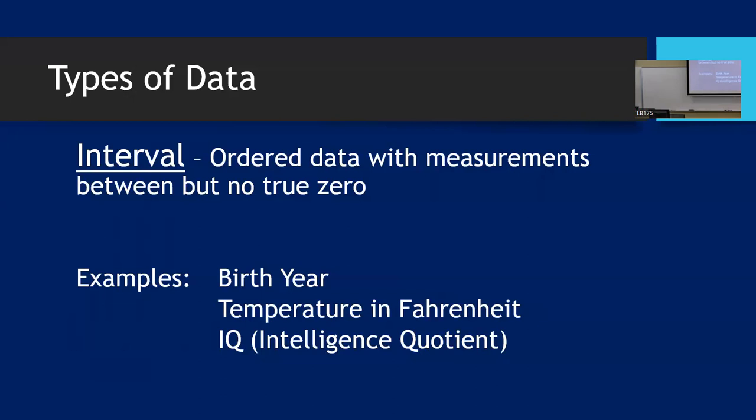So that's when he was most famous, in the 50 BCs, but he was obviously born before then. So birth year would be a good example. All right. Think of comparing my birth year versus Julius Caesar's birth year. You know, they're almost 2,000 years apart. So we could measure the distance between my birth year and Julius Caesar's birth year. It's ordered because I could say he was born before me, but there's no true zero. There's no zero birth year. Okay.